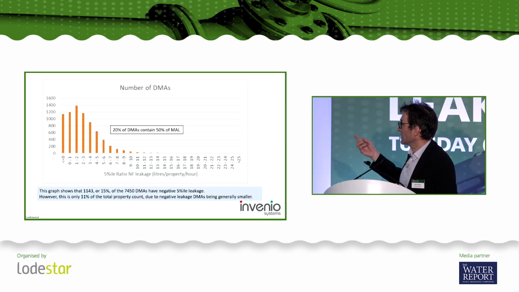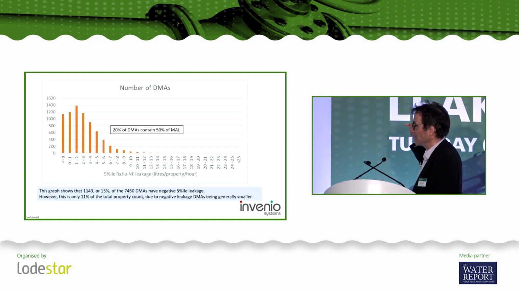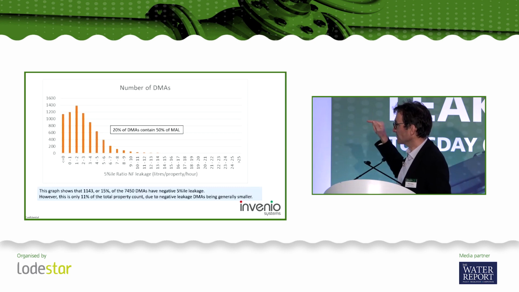And then there is a tail, and if you're going to investigate your high leakage DMAs, you want to know how fat the tail of that distribution is, because that governs how cost effective it would be to investigate those high lowest achieved leakage level DMAs.